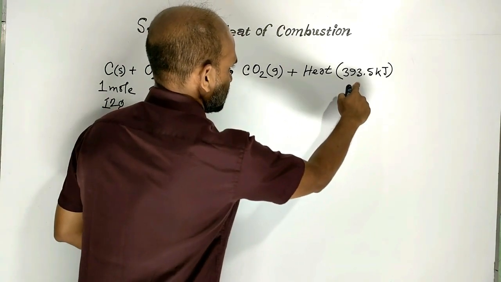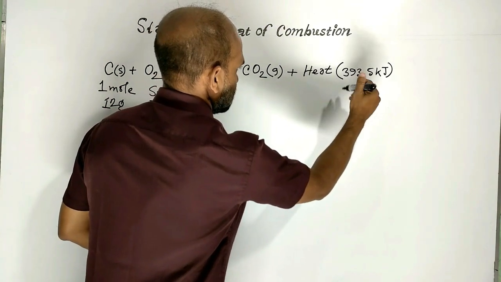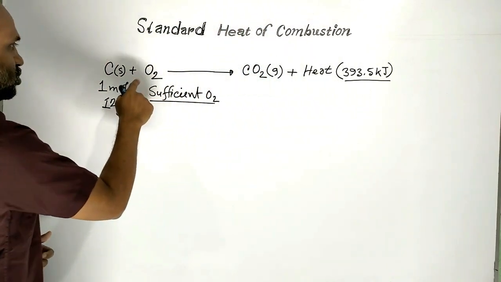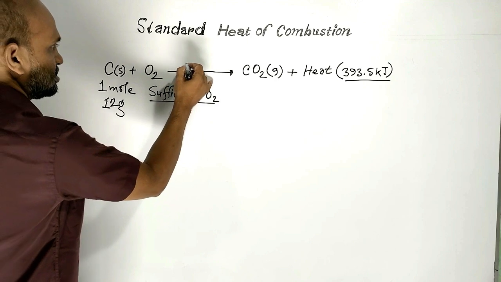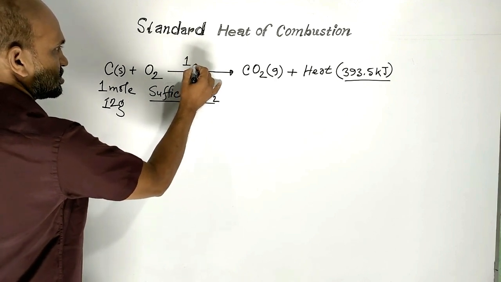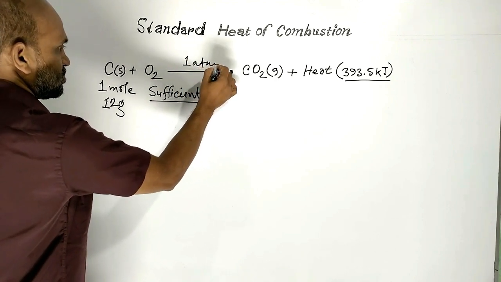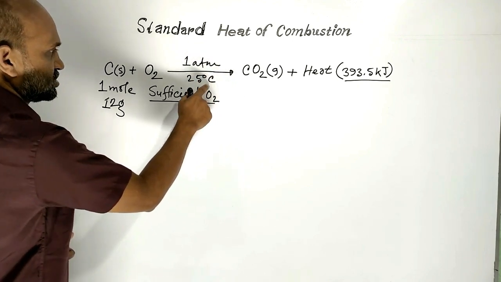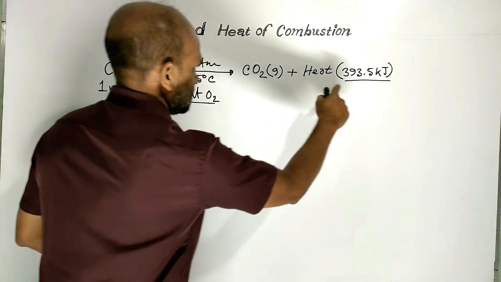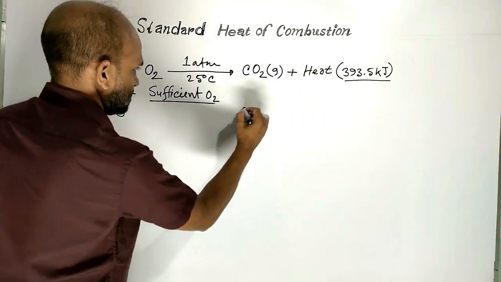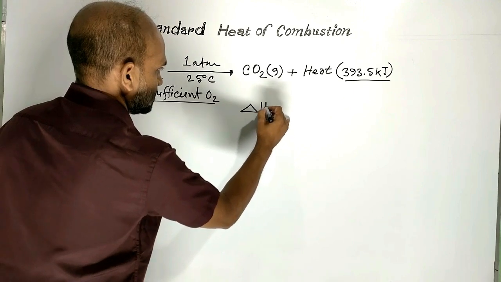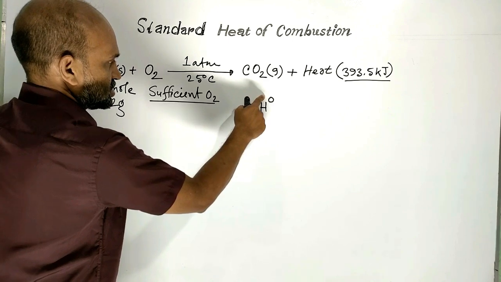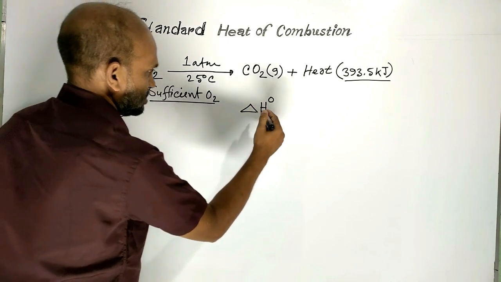The amount of heat released to the surroundings from the burning of 1 mole carbon is called heat of combustion. But when this reaction is conducted at standard condition, 1 atmosphere pressure and 25 degrees Celsius temperature, then this amount of heat is denoted by delta H0, which is standard heat of combustion.